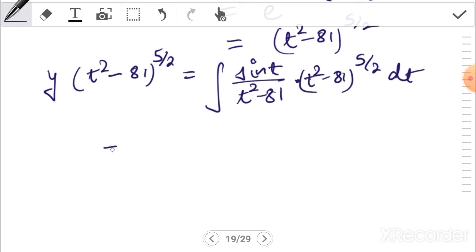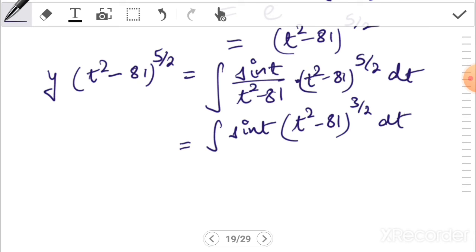So this is equal to the integral of sin t (t² - 81)^(5/2 - 1), that is 3/2, dt. And here this is divided by (t² - 81)^(5/2).